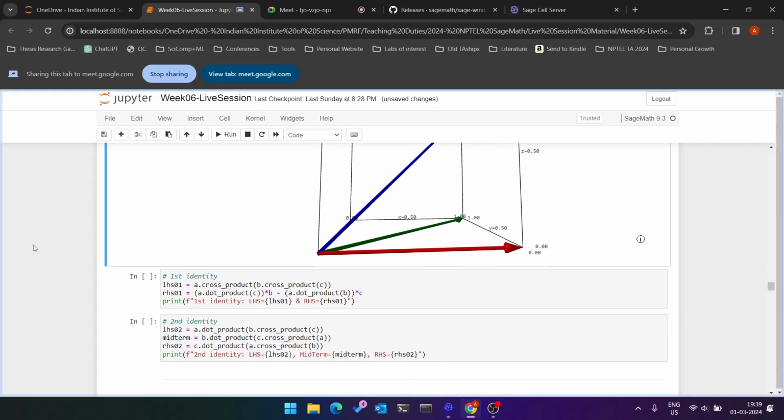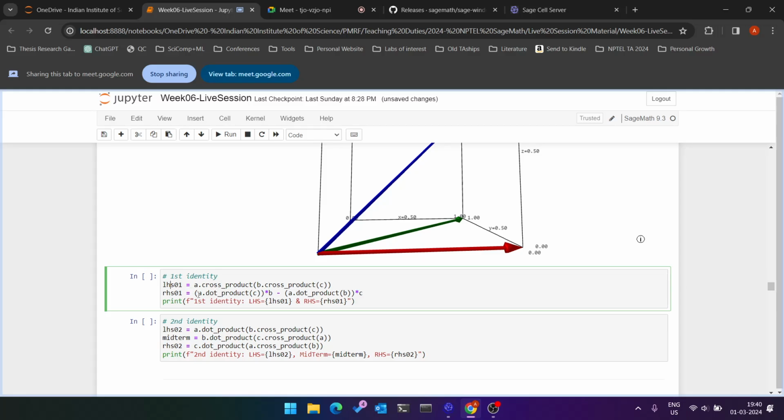Now I wish to evaluate, or rather check, the first identity. So for the first identity, you have A cross B cross C. B cross C is written as B cross product C, and then A cross product B cross product C. So this becomes my LHS of the first identity.